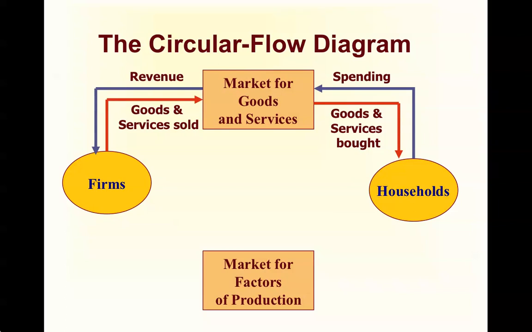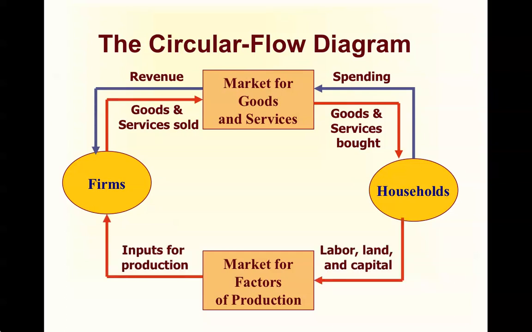The market serves as the entity that determines how much is going to be provided, to whom, and for what price. Now, in order to make these goods and services, there need to be resources that are combined together to make them. The resources that we generally call are land, labor, and capital.